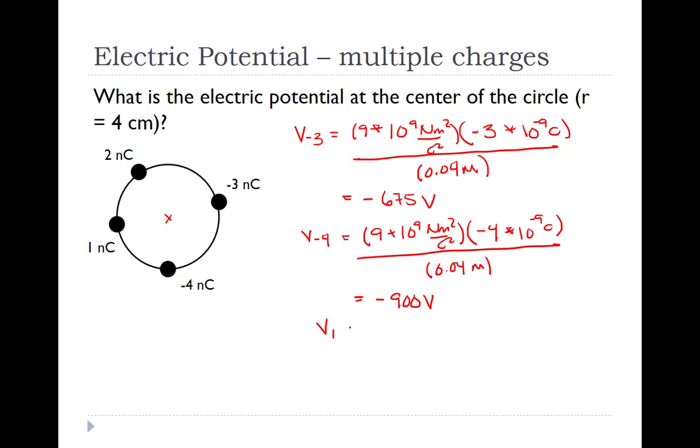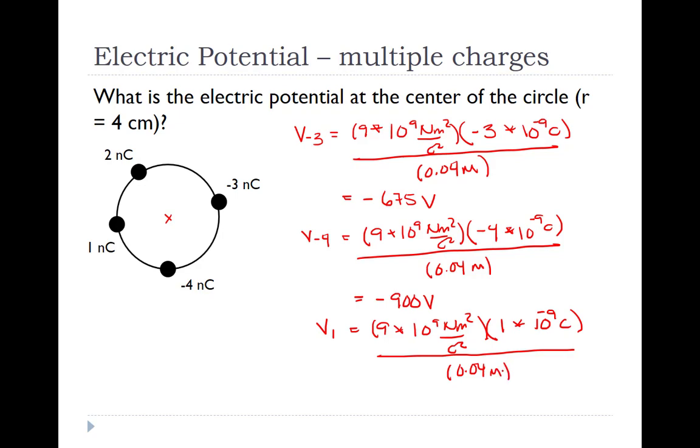Due to the 1 nanocoulomb, 9 times 10 to the 9. Positive 1 times 10 to the minus 9 coulombs for the charge. And still 0.04 meters. And that works out to be 225 volts.